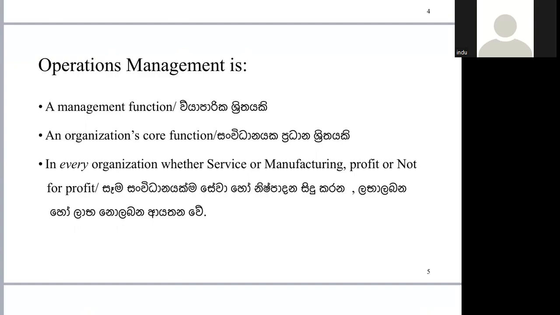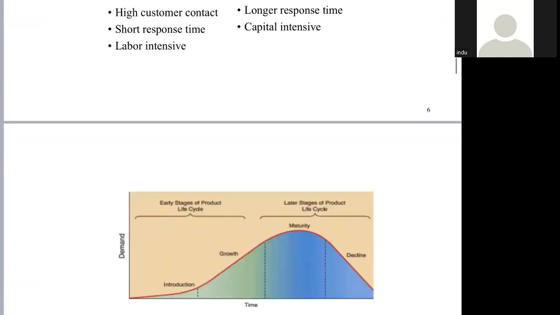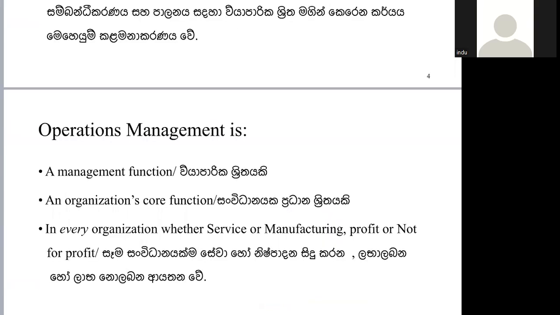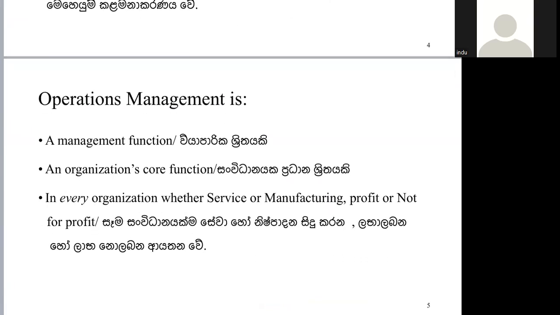As you know, every business is managed through three major functions. What are those major functions? Finance, marketing, and operations management.